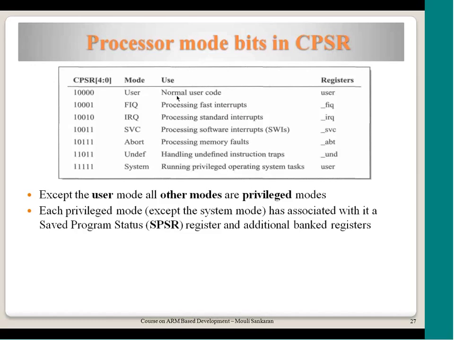So you have to keep the old content of the CPSR, because even in the user mode our program would have been running, and we may have been performing some arithmetic operations, and the conditional flags would have been changed. But when it enters the FIQ, it may perform some arithmetic operation, and those condition flags of the CPSR would have been overwritten.